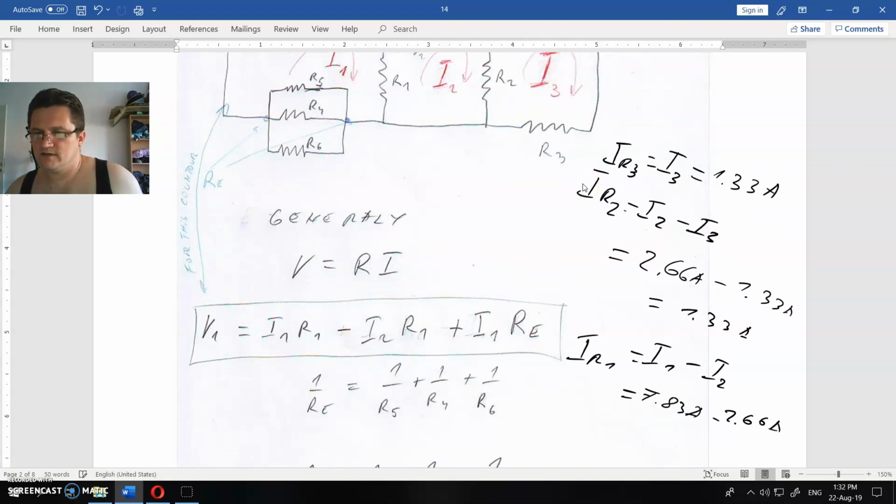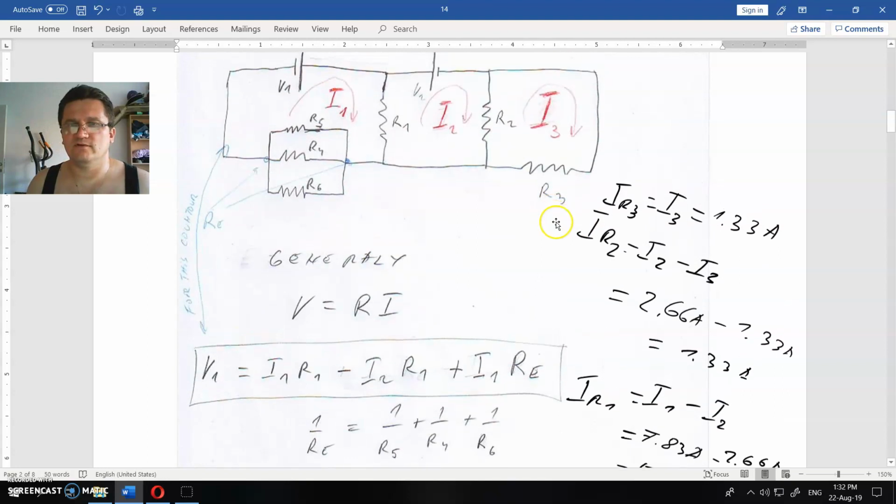That is 7.83 minus 2.66, which is 5.17 amperes.